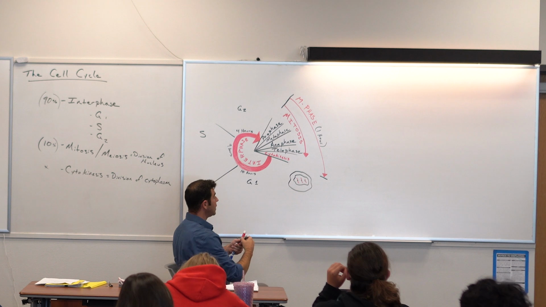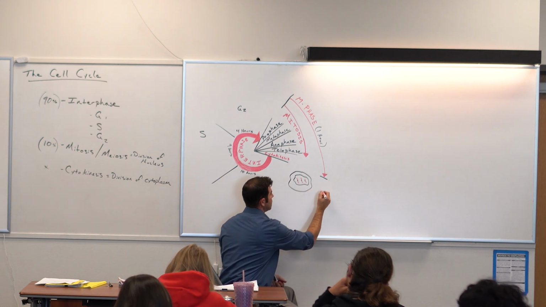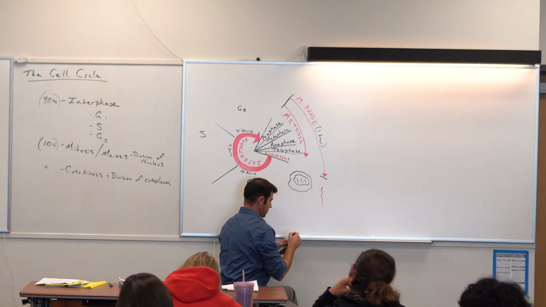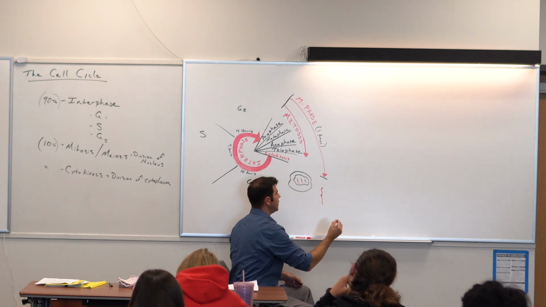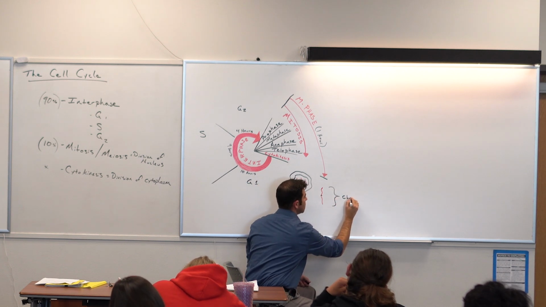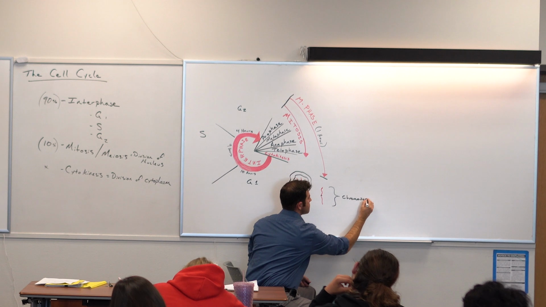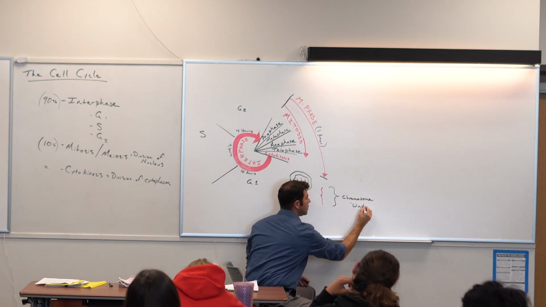So again, if we pull one of those chromosomes out, just like we have on the board, this whole thing is one chromosome. It is an unduplicated chromosome.